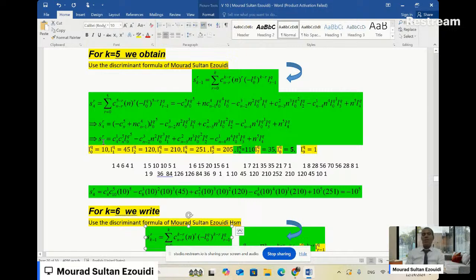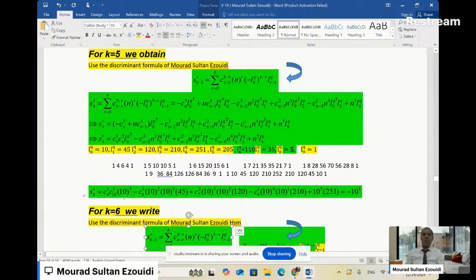So it has been written as S4 of order r equal to 4 choose 1 times n choose 5 times L0 of order q raised to the power 5, minus n minus 2 choose 3, n squared times L0 of order q cubed times L1, plus combination of course n minus 3 choose 2, n cubed times L0 of order q squared times L2. Plus minus combination minus 4 choose 1, n to the power 4 times L0 of order q to the power 1 times L3, plus n to the power 5 times L4.